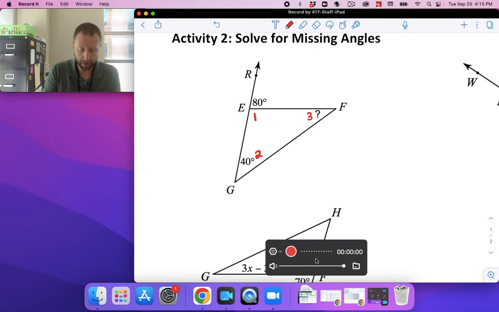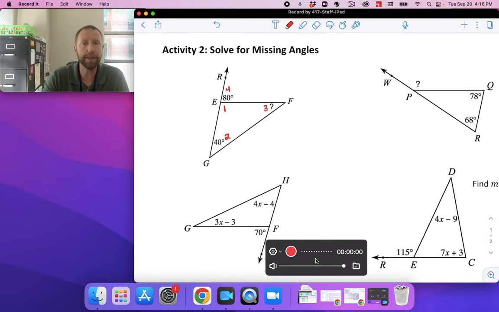Well, I also know, if I number this angle, angle 4, that angle 1 and angle 4 have to add together to equal 180 degrees, right? So I'm going to use that knowledge to say that these two angles have to add together to equal this fourth angle, because that's the same thing.